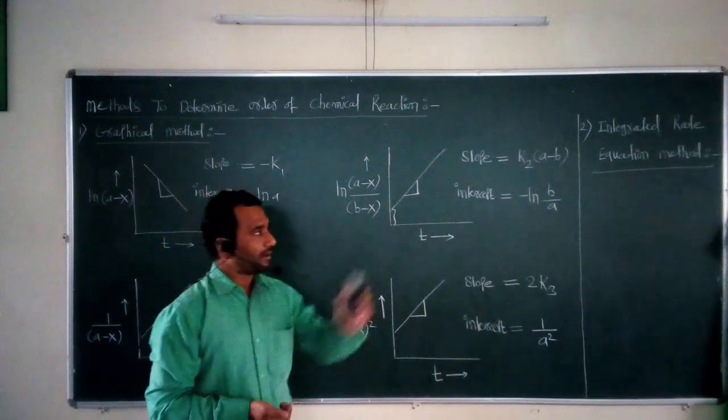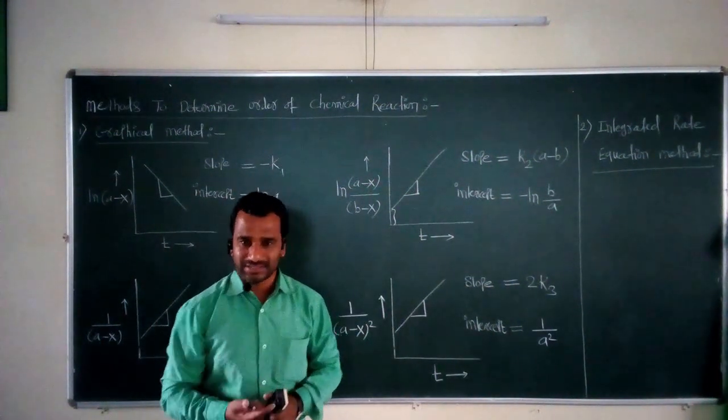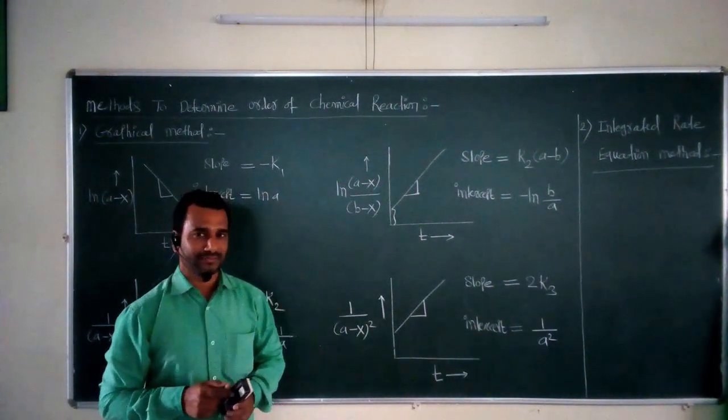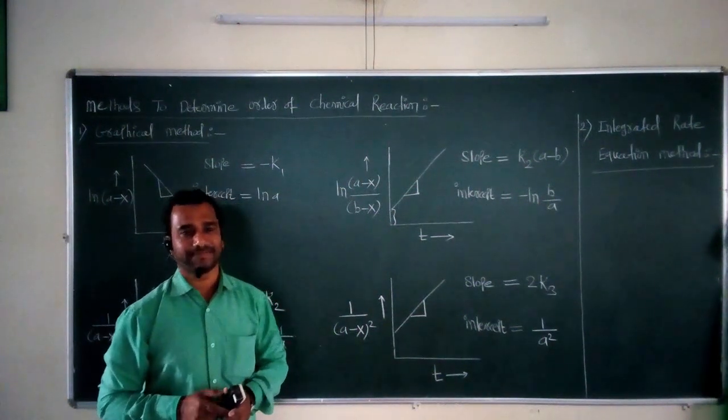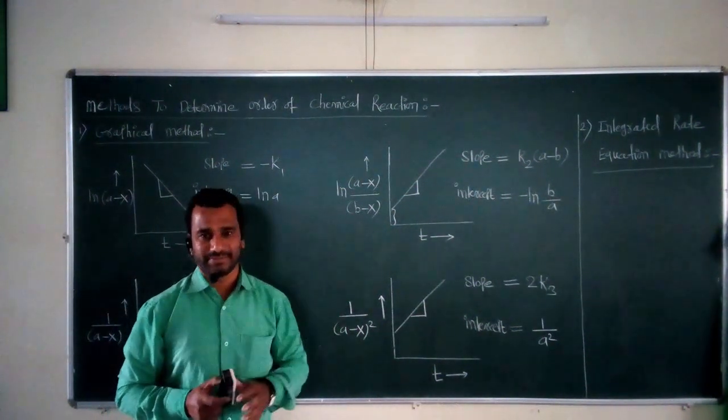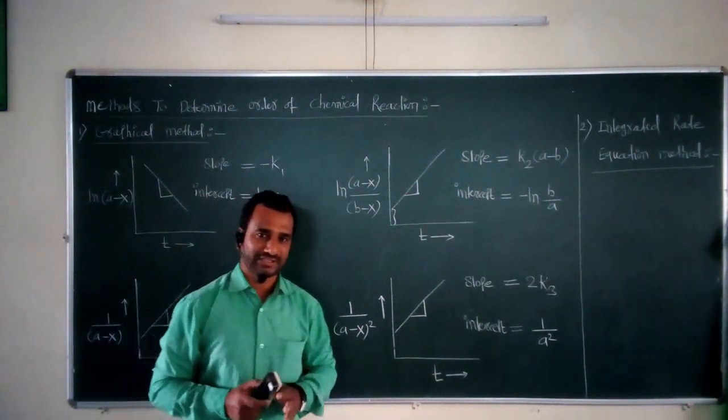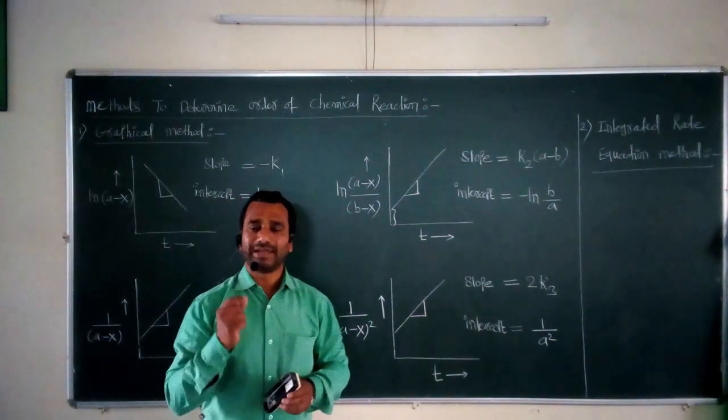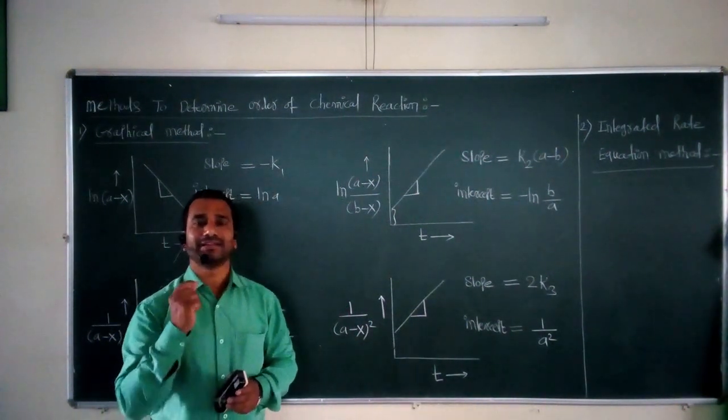Before that, what type of consideration is there in this integrated rate equation method? For this purpose, we can say that this is a trial and error basis method. This is a trial and error method means what? We have to take into consideration a particular chemical reaction.